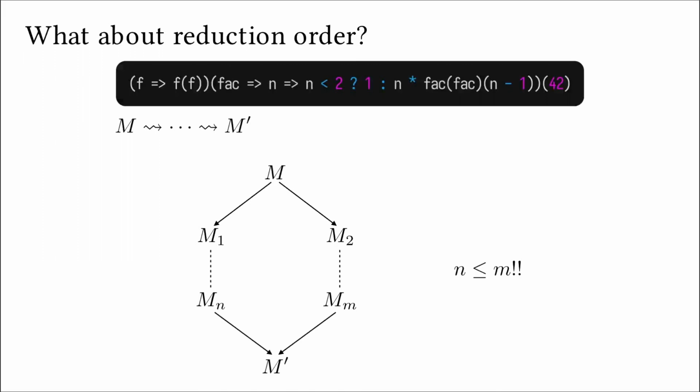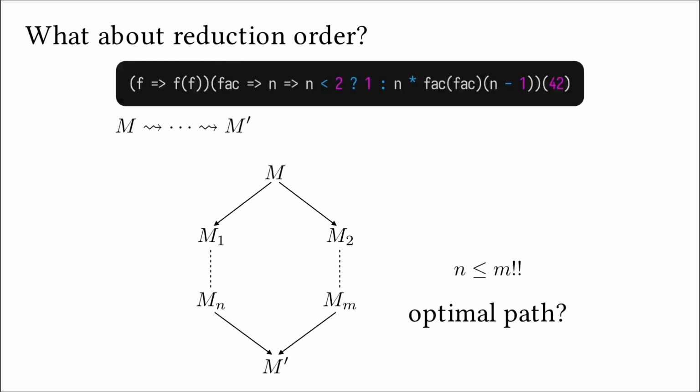For example, if you take one route and you reduce the left side, the n smaller than 2, and on the other side, m2, you reduce the factorial of factorial 2, this application, then no matter how many applications you eventually do, you will always get to the m prime. But the left path could be longer than the right path, or the right path could be longer than the left path, etc. And the shortest path is actually called the optimal path.